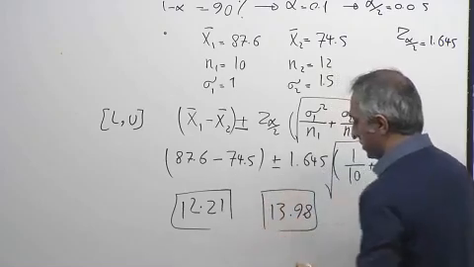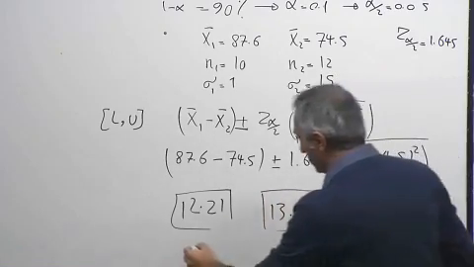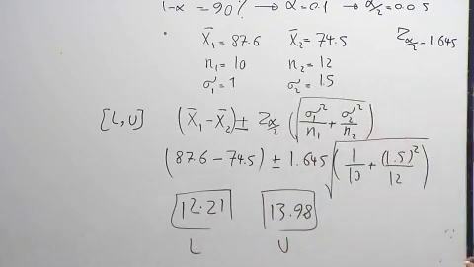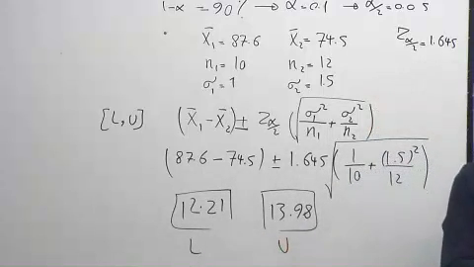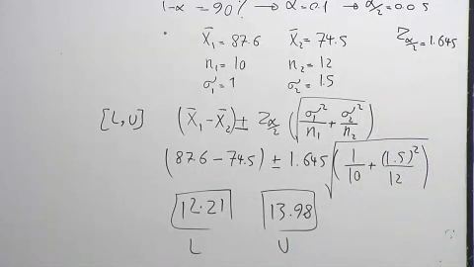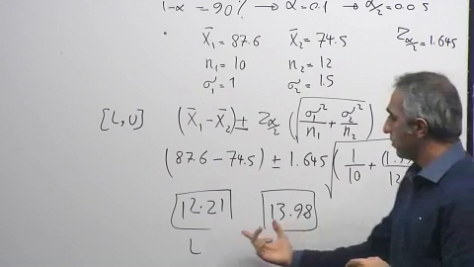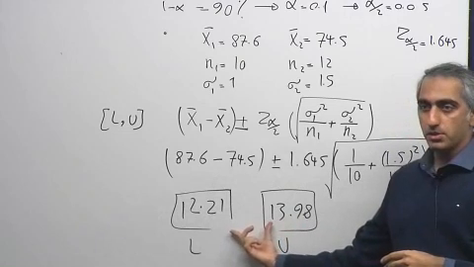So this is upper and lower. This is lower. This is upper. Okay. So here is the thing. This is the lower limit and upper limit at a confidence of, let's say, 95%. So what inference or conclusion can you draw based on these two numbers?